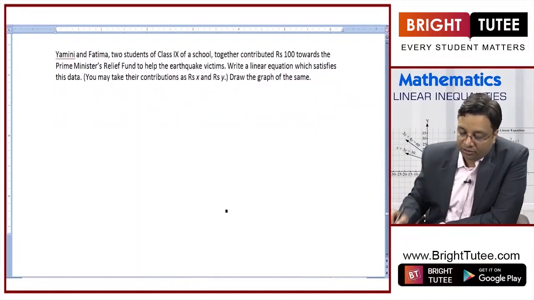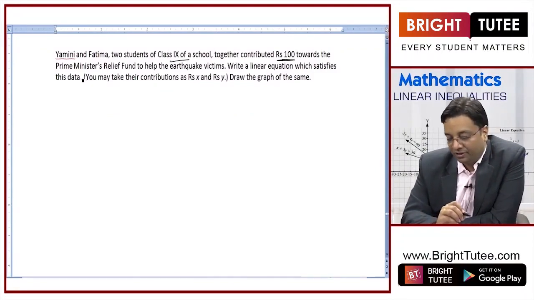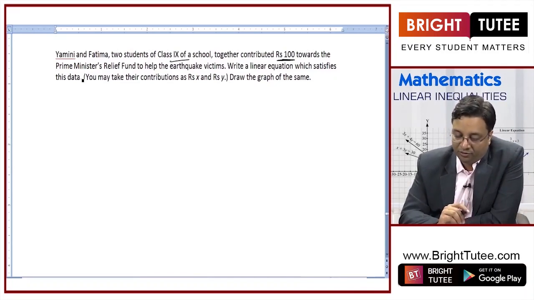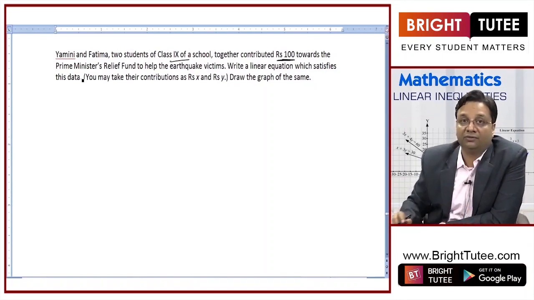Yamini and Fatima, two students of class 9th, together contributed rupees 100 towards the Prime Minister's Relief Fund to help the earthquake victims. Write a linear equation which satisfies this data. You may take their contributions as rupees x and rupees y. Draw the graph of the same.